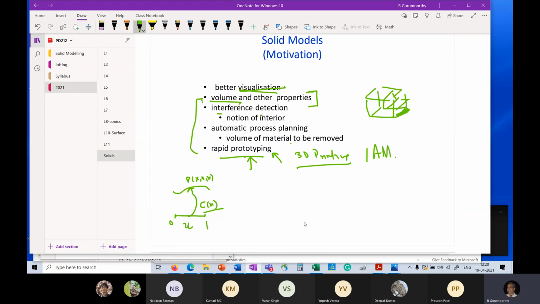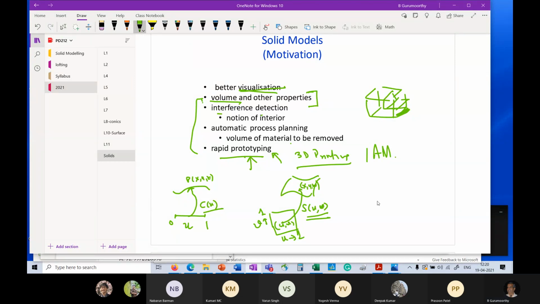Likewise, when we went to surfaces, my parametric space became a square with 2 degrees of freedom, u and v, and my surface representation took any point uv in the parametric space and mapped it to a point xyz in real space. That mapping was given by the equation of the surface.